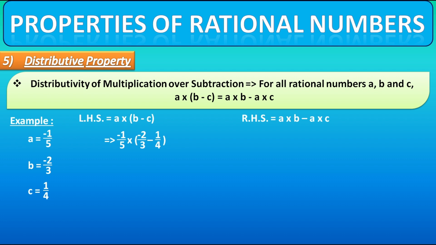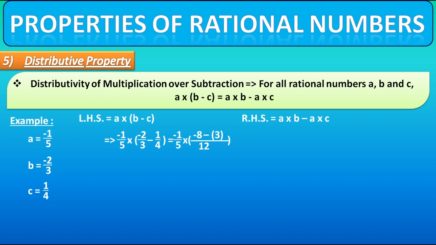First we have to solve the bracket, and 3 and 4 here are co-prime numbers, so we have to directly multiply. Minus 1 upon 5 will remain as it is, and 3 fours are 12. Okay, and now minus 2 will get multiplied with 4. So I got the answer minus 8, and now we have minus and in the bracket 3. 1 threes are 3.